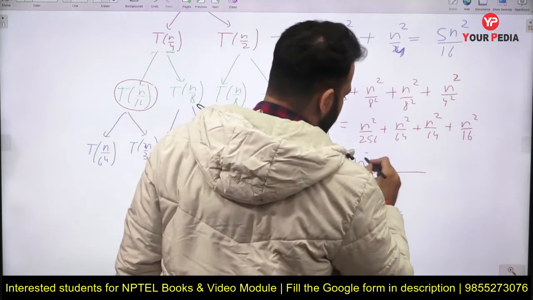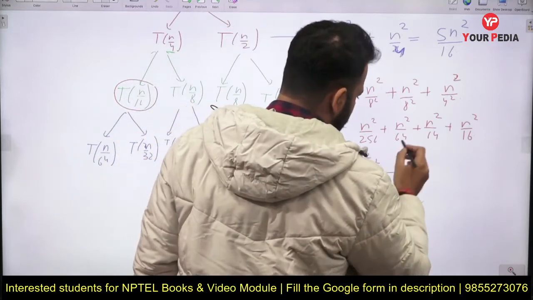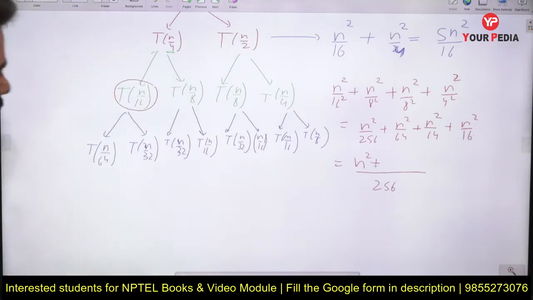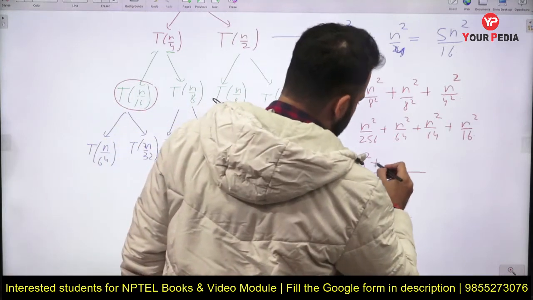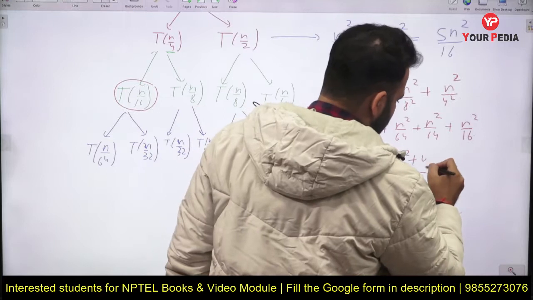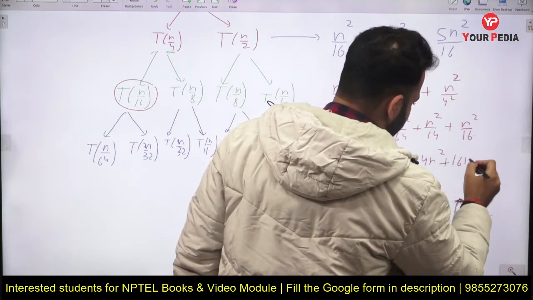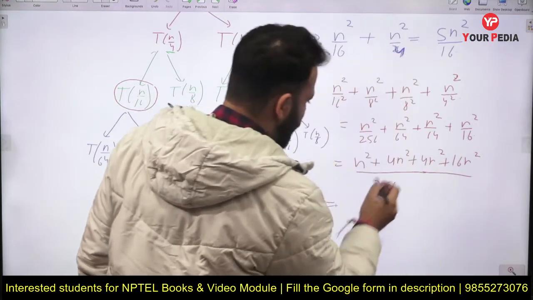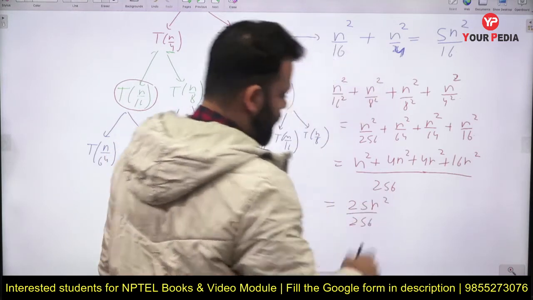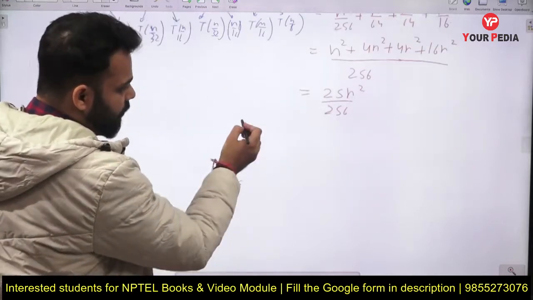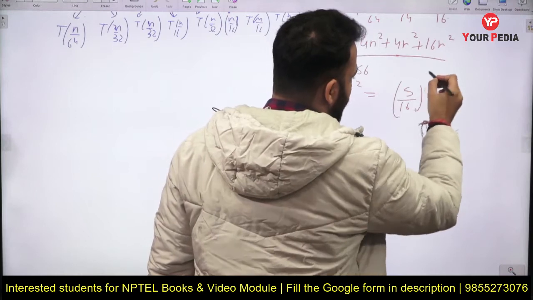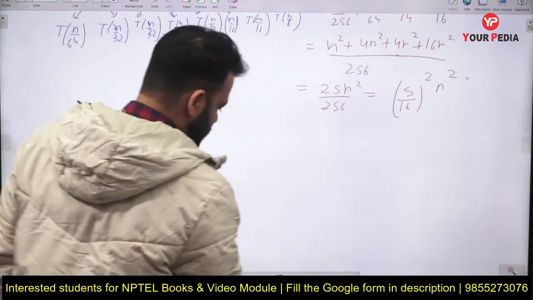This will be n square times 1 plus 4 plus 4 plus 16, which is 4n square plus 4n square plus 16n square plus n square, and if you simplify this, it will become 25n square by 256. And if you simplify this further, you will get 5 by 16 whole square n square.